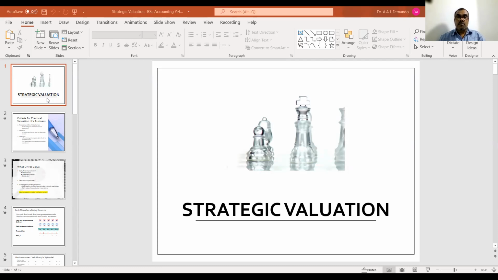Then how best we manage it and how the value is being generated. You have learned this in this subject and in other subjects as well. Different interpretations are also given for value.